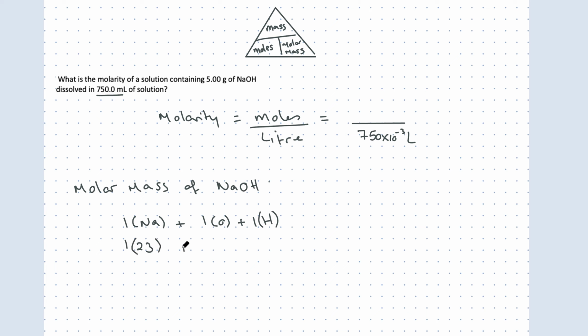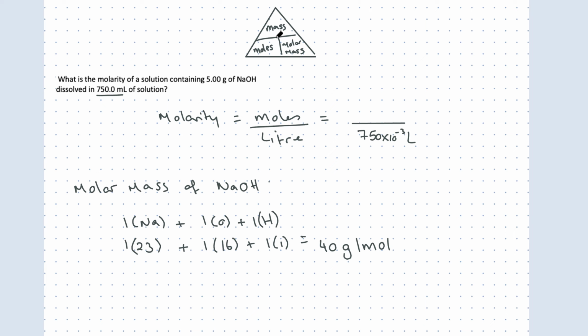So 1 by 23 plus 1 by 16 plus 1 by 1. And if I tidy that out, I'm going to get 23 plus 16 plus 1. And if I do that out, I'm going to get 40. So I get 40, and remember the unit from the periodic table is grams per mole.